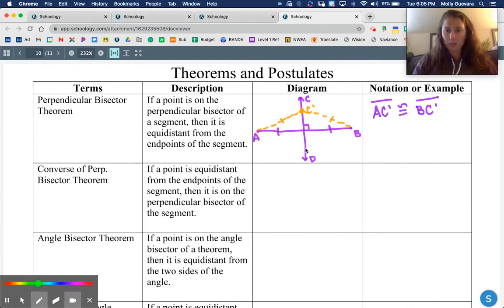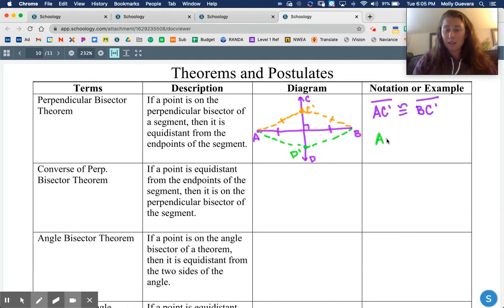I can also pick a random point here, say D prime. If I draw a line here to B or to A, it would be the same thing.